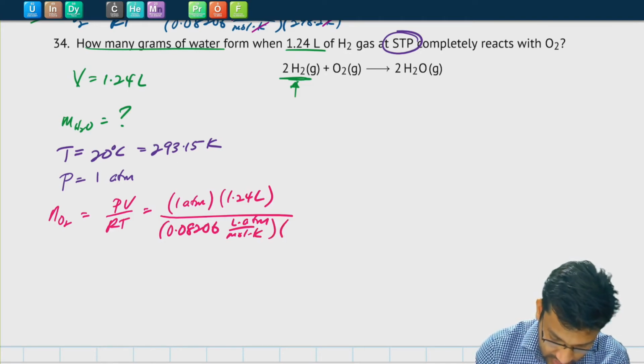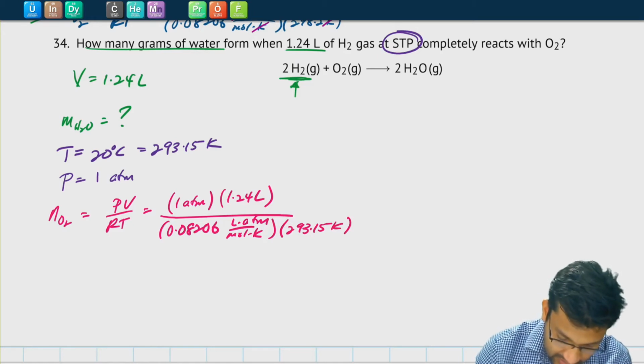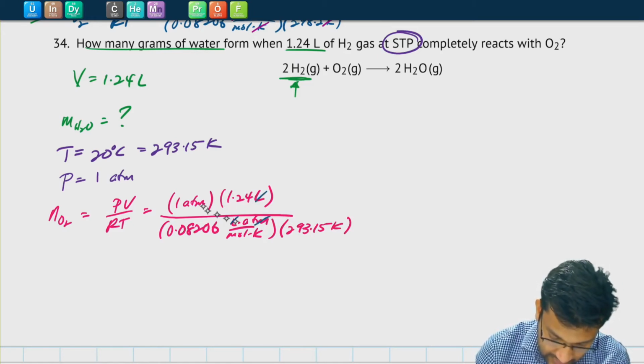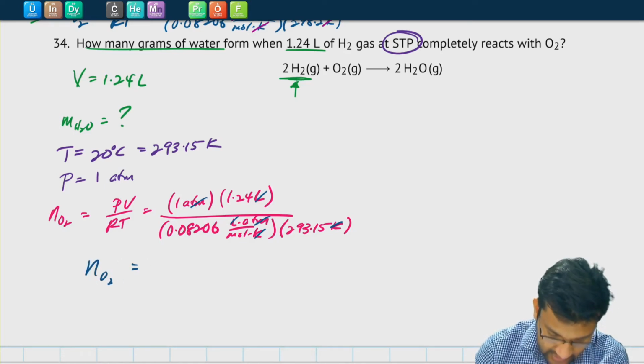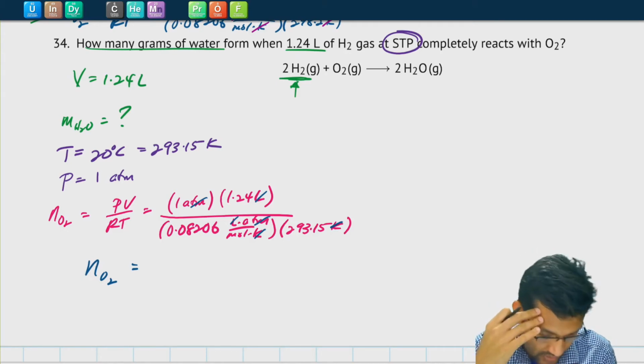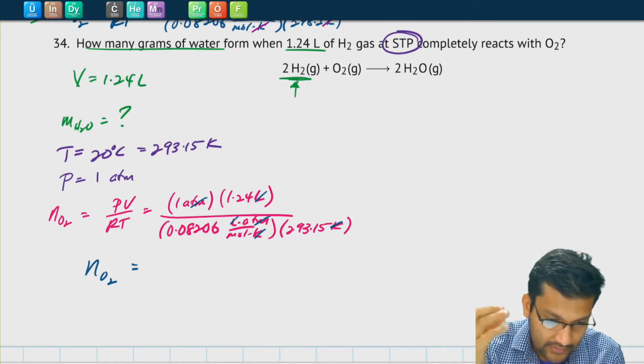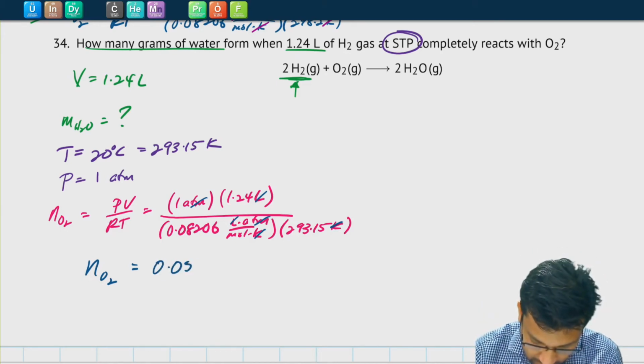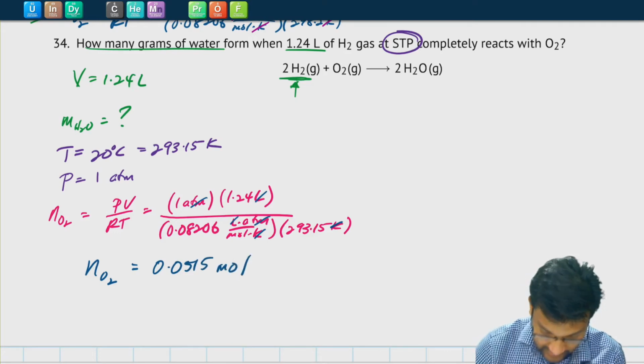Temperature is 293.15 Kelvin. And we know it should cancel out, but I love doing it anyway. Cancel, cancel, cancel, cancel, cancel. We get the number of moles as, what does the calculation come out to? Let's see, 0.0515 moles. That's the known.